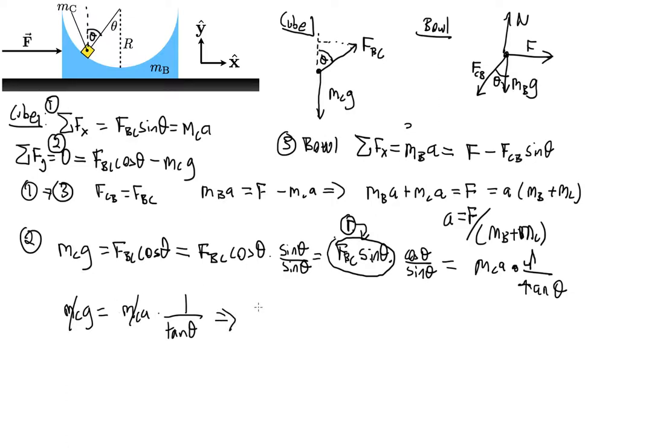And I get that the tangent of the angle is equal to the acceleration over gravity. And that's something you could probably just anticipate from the setup of the problem, but we had to go through the math to convince ourselves of it. Fortunately, we know what the acceleration is. That's right up there. F over the mass of the bowl plus the mass of the cube, and that's divided by g is the tangent of the angle.